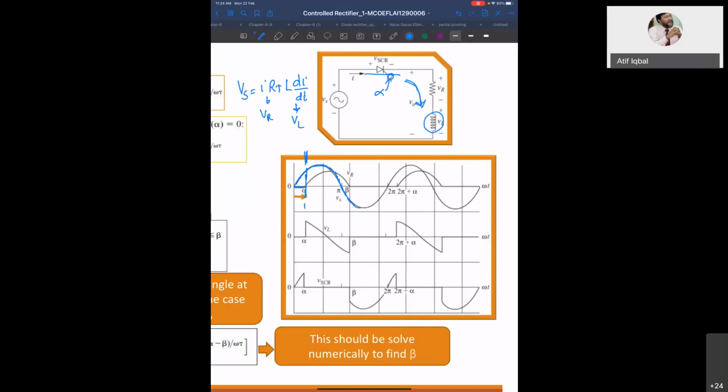So di by dt, the rate of change of current, will be equal to (Vs minus IR) upon L.